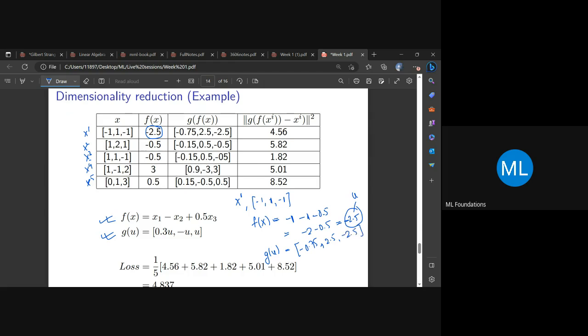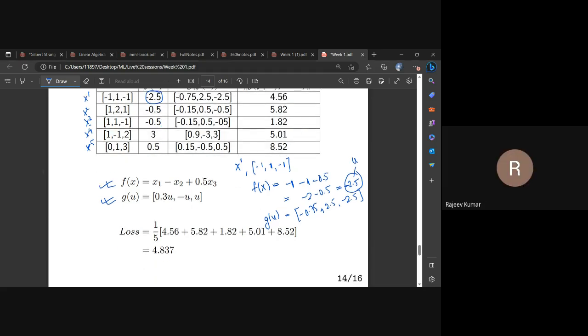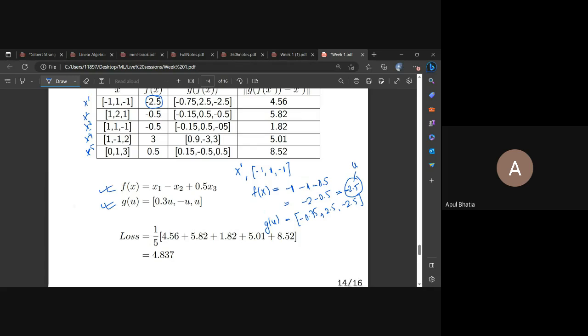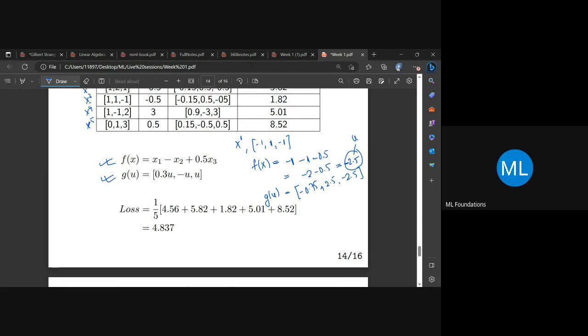So you got your f of x, and you got g of f of x. Ma'am, how did we get g of f of x: minus 0.75, 2.5, and minus 2.5? See, this u is nothing but f of x. So for this x1 we got our f of x to be minus 2.5.